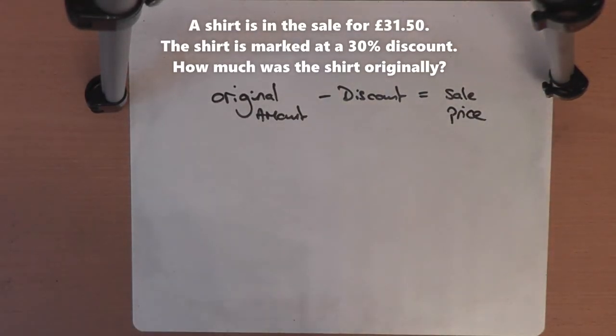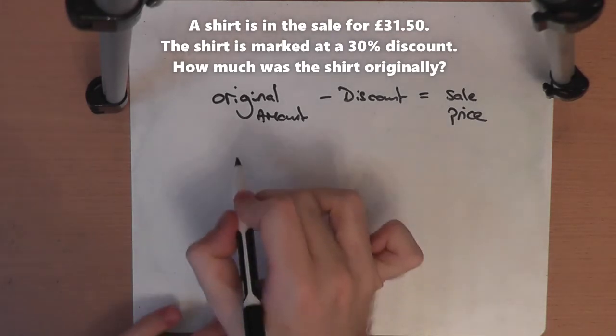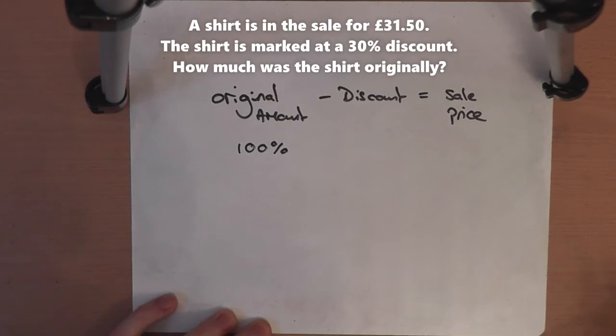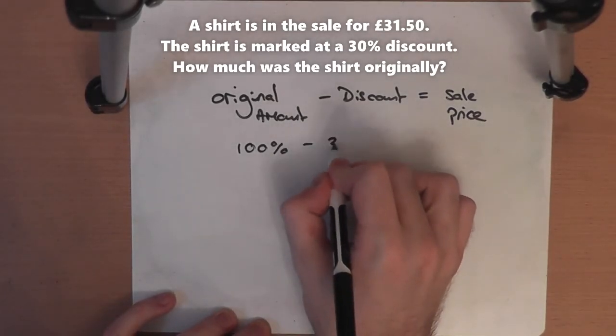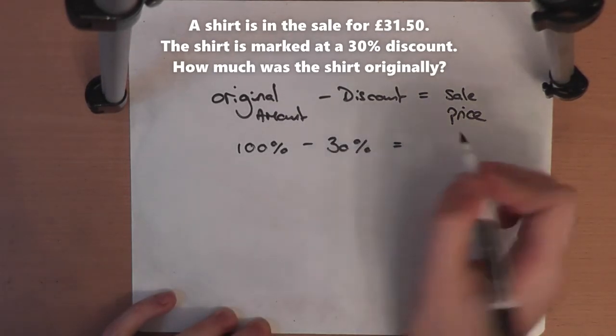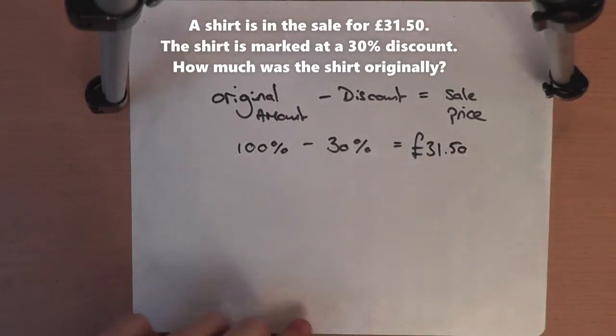Now, we do actually have some of these pieces of information. We could swap out the words for the actual numbers and percentages that we're given in the question. The original amount must have been 100%. We don't know what that is, but we do know that it will have been 100%. The discount was 30%. And we also happen to know that the sale price was £31.50.